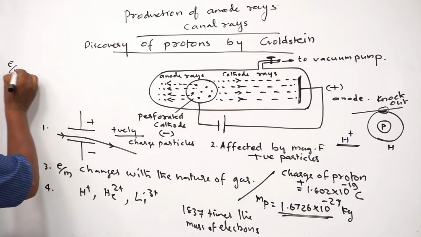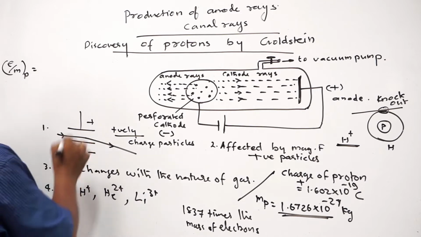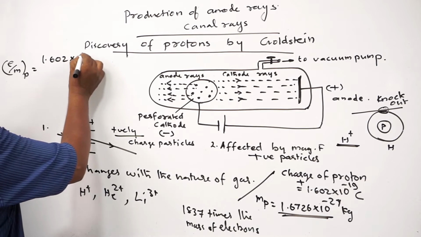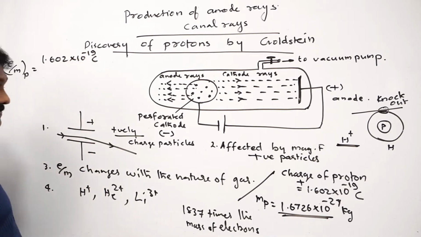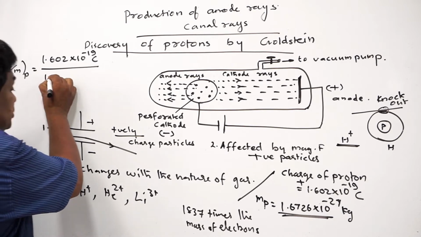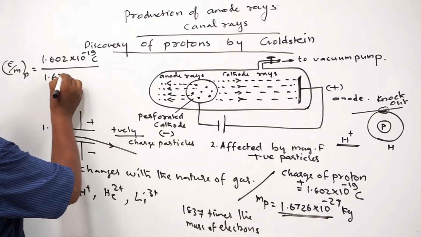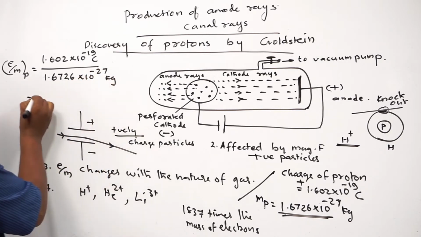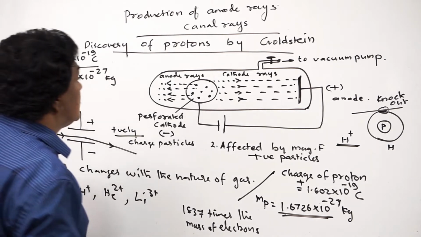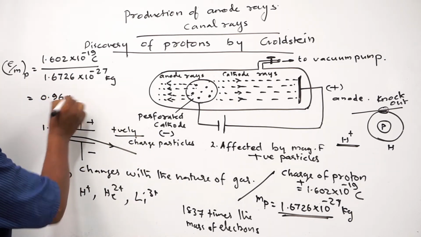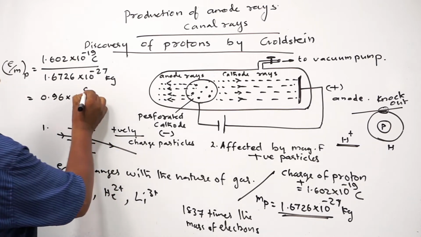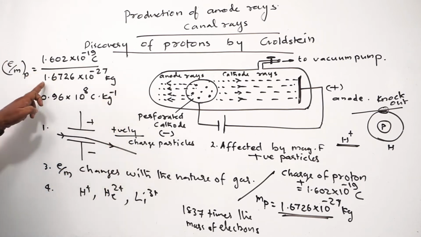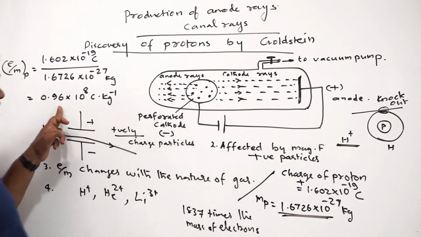Now let us see what is the e/m value of the proton. e/m of the proton is equal to, see, the charge of the proton is 1.602 into 10 raised to minus 19 coulombs. Mass of the proton is 1.6726 into 10 raised to minus 27 kilograms. That is 0.96 into 10 raised to 8 coulomb per kilogram. That is, 1.602 divided by 1.6726 is equal to 0.96.